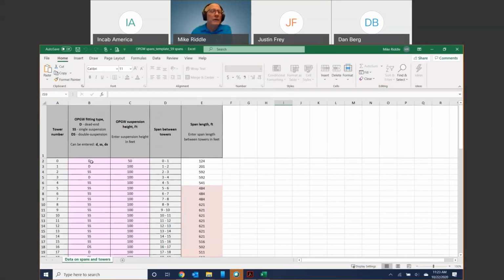Now, here you enter a code of the fitting type. So D for a dead end, S for a single suspension, DS for a double suspension. And it doesn't matter whether you use uppercase or lowercase. Then you're looking at your attachment height, then the span length between towers.